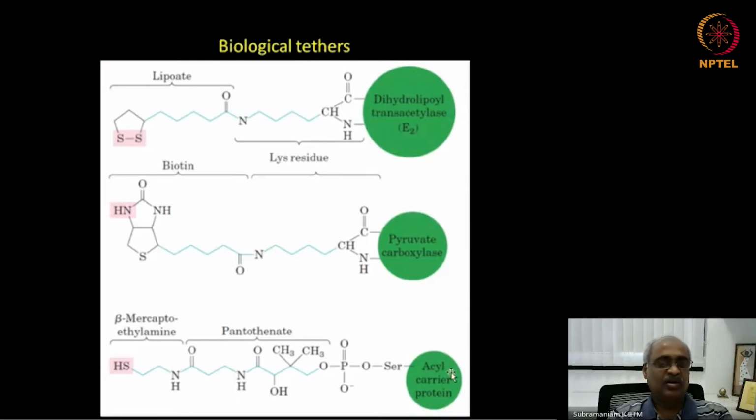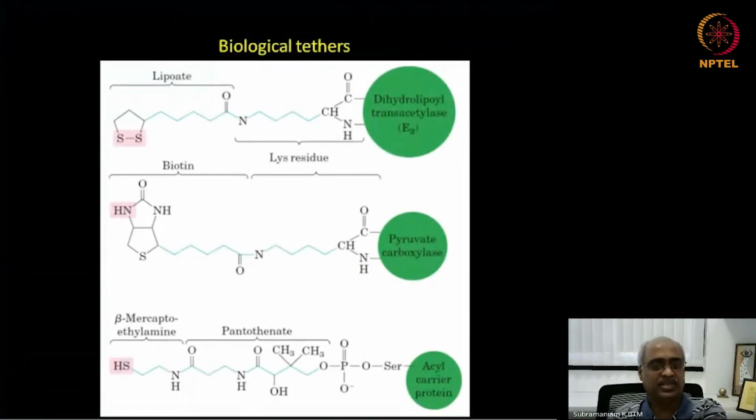Okay, so these molecules, all of them, due to the presence of this long arm, they tether, meaning attaching, connecting a molecule to another bigger molecule, help in substrate channeling, taking group from one active site to another active site.